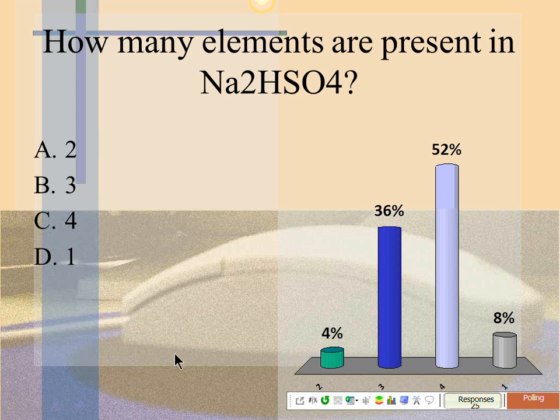Okay, 4. There are 4. And let's see. Sodium, one element. Hydrogen, another element. Sulfur, S, another element. O, oxygen, another element. So 4. Okay? So sodium, hydrogen, sulfur and oxygen. 4 elements.